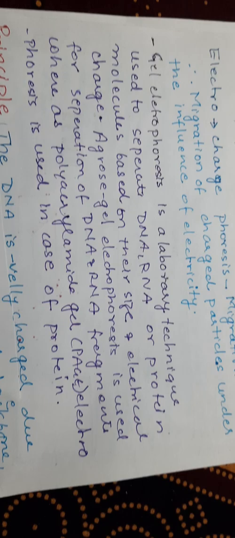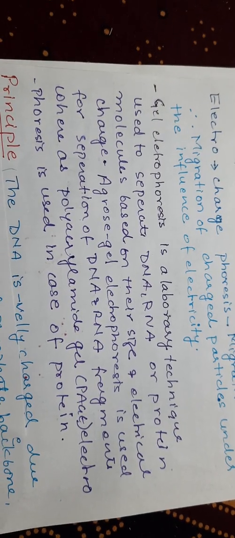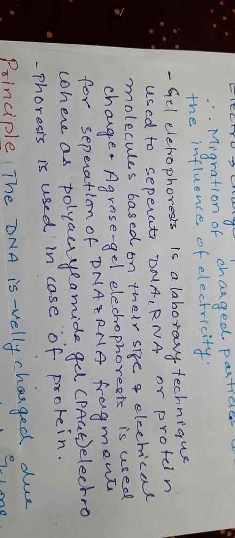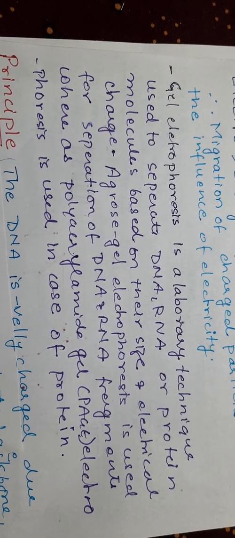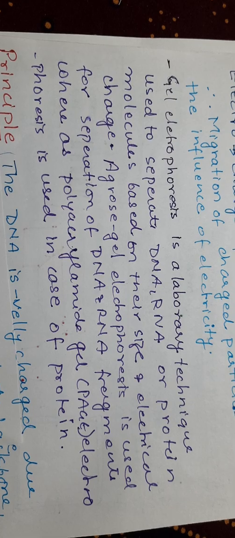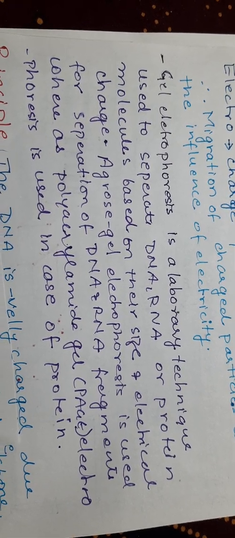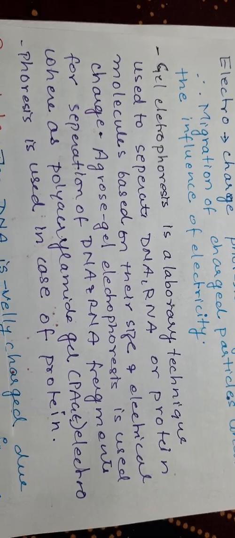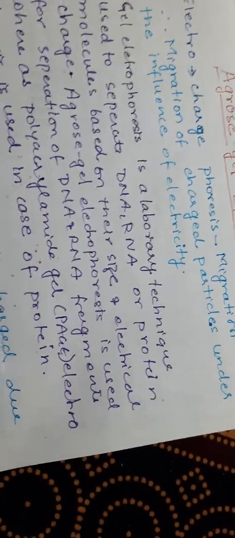There are many types of electrophoresis, and one of them is gel electrophoresis. In gel electrophoresis we have agarose gel and polyacrylamide gel, so it depends on what separation we are interested in. For DNA we use agarose gel electrophoresis.